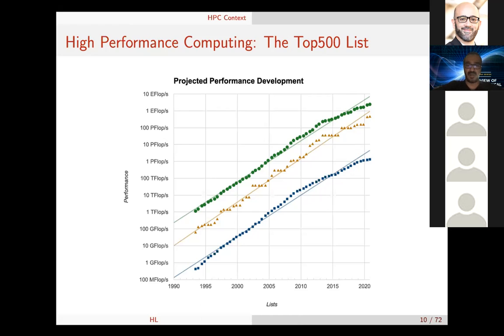Thanks to hardware technology scaling, we've seen a tremendous boost in performance over the last 3 decades. All this is happening because the hardware is exposing a huge amount of parallelism, and that benchmark in particular is able to take advantage of that parallelism.